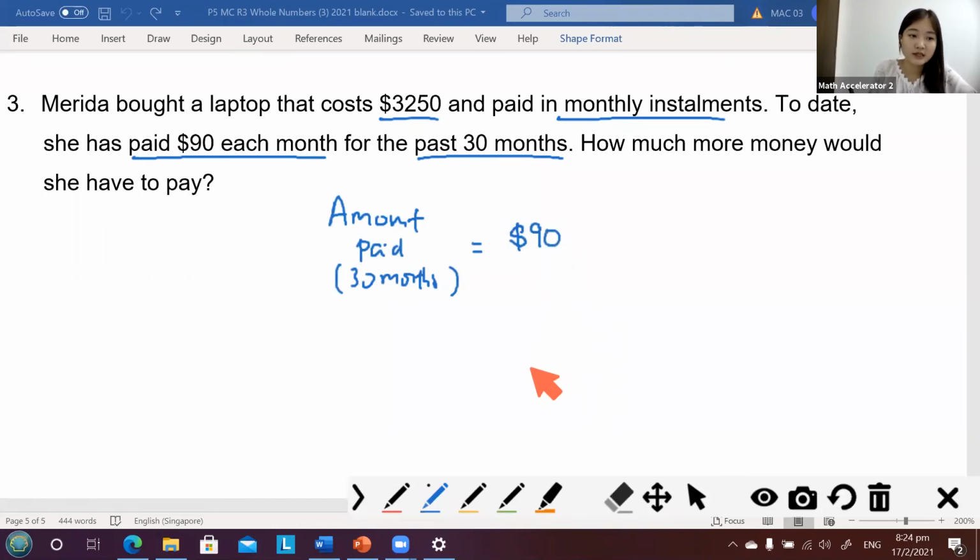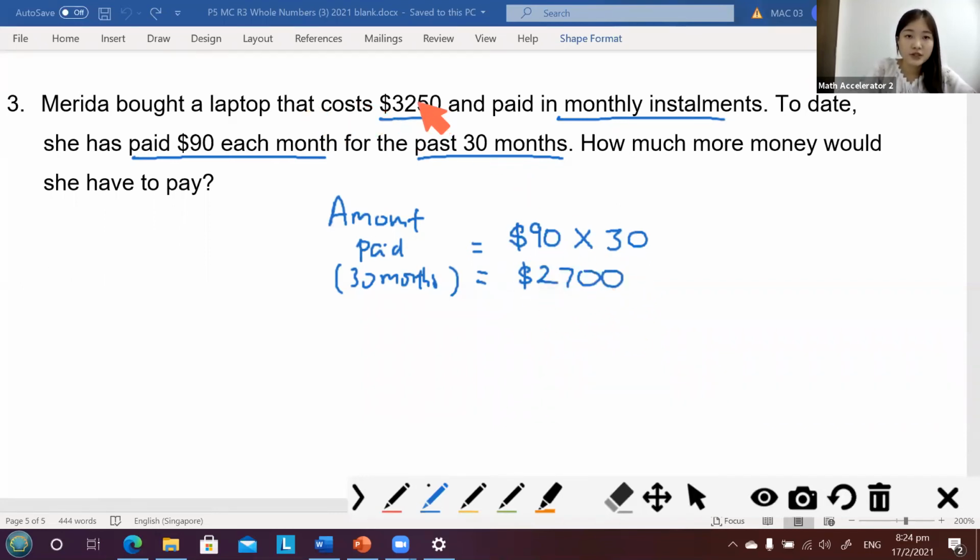So 1 month is $90. What do you do with the $90? Okay, good. Times 30. Find out how much was paid. That will get you 2700. So she paid this much already.